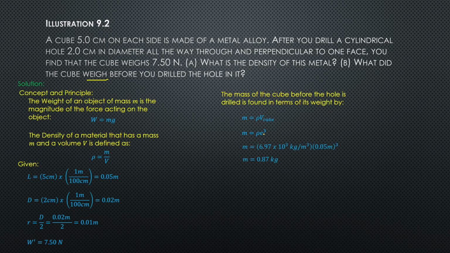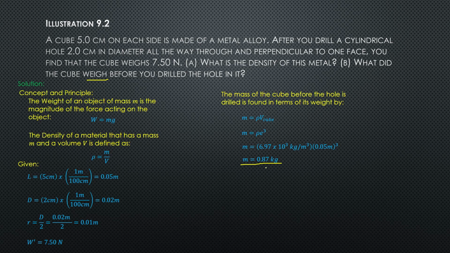Substituting the values, 6.97 times 10 to the 3 kilogram per cubic meter multiplied by the volume of the cube without the hole, 0.05 meters cubed, and simplifying these values gives you 0.87 kilograms. So this is the mass of the cube without the hole.